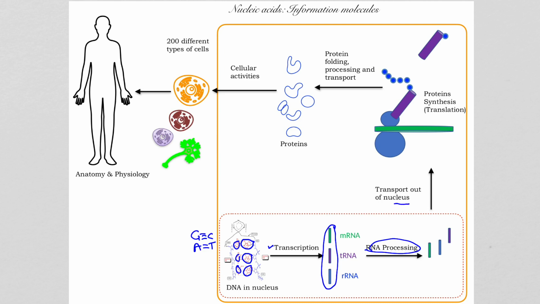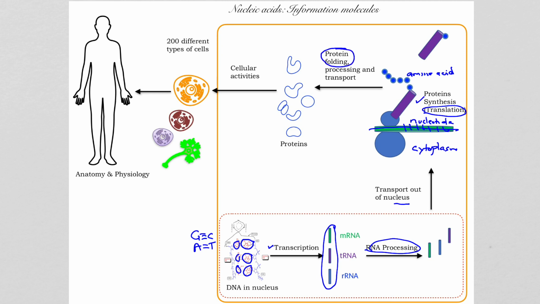And once they are in the cytoplasm, this messenger RNA message is translated, because now we have nucleotide language being converted into amino acid language. So we call this translation or protein synthesis, and the protein is made.